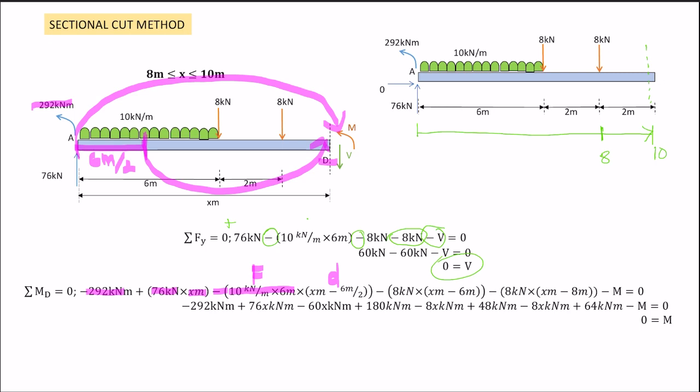We have 8 kilonewton going to D. The distance going to be berapa distance ini? So X minus dengan 6. And last kali our 8 kilonewton for the loading ya, pergi ke D. Kita tak boleh include lah distance ini, so maksudnya X minus dengan 8.